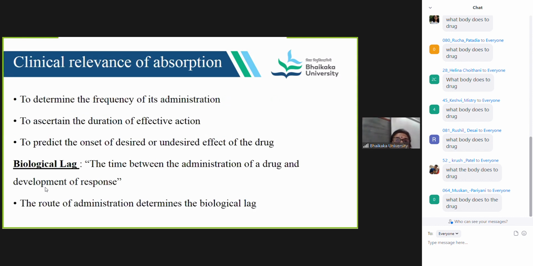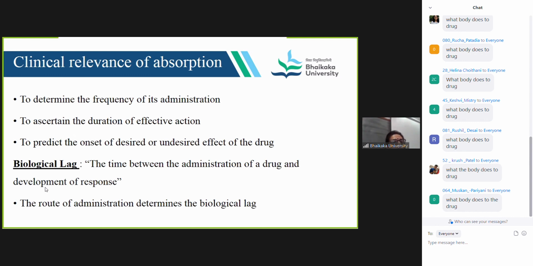What is the importance or clinical implication of absorption? Absorption determines the frequency of administration, ascertains the duration of effective action, and predicts the onset of the desired or maybe undesired effect of the drug.